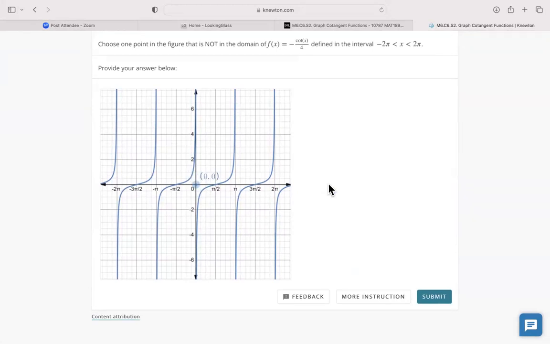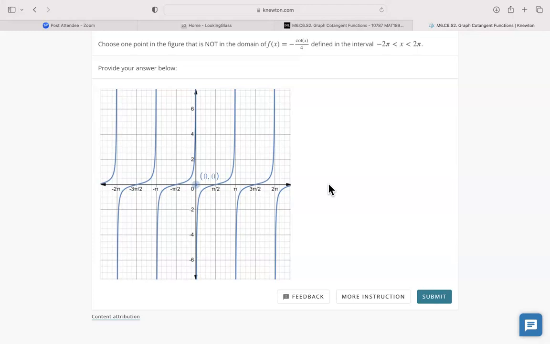Can you explain that real quick? Why 0 wouldn't be in the domain? It's not a quick thing, but cotangent is really the reciprocal of tangent. Let's do it differently: cotangent is really cosine over sine.